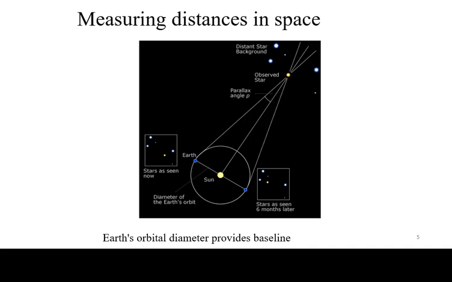Because one astronomical unit is about 150 million kilometers, in the span of 6 months, the Earth will be 300 million kilometers from its previous position.